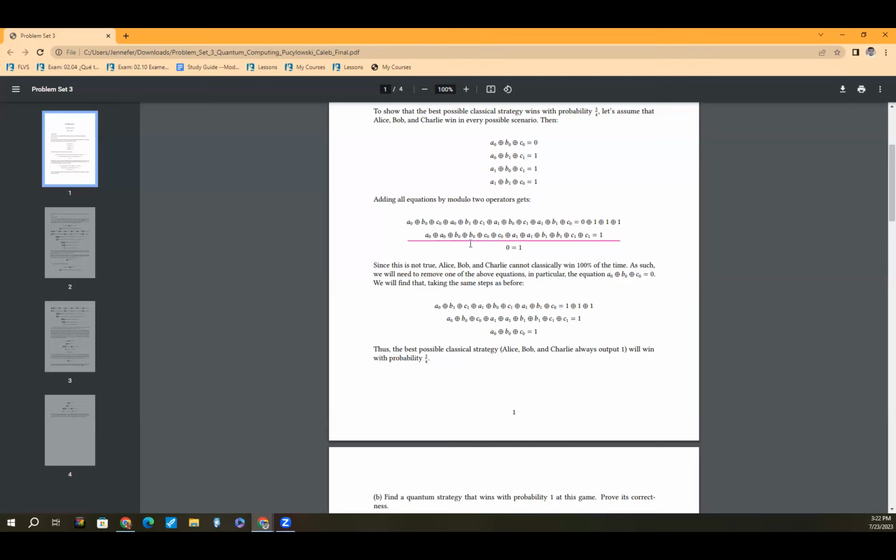So a sub 0 modulo 2 a sub 0 is going to be 0, b sub 0 modulo 2 b sub 0 is 0, and so on, they all end up adding up to be 0. So that is sort of the proof, in a sense, that that is not true.